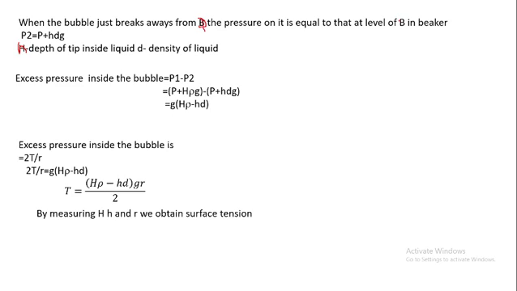It should be remembered that D is the end point of the capillary tube. So d is the density of the experimental liquid.